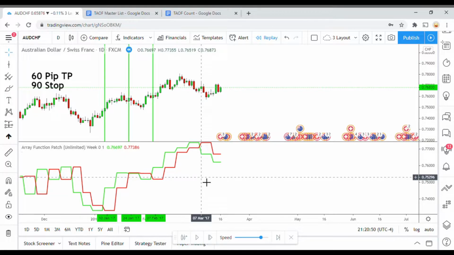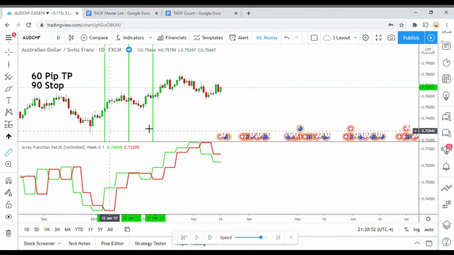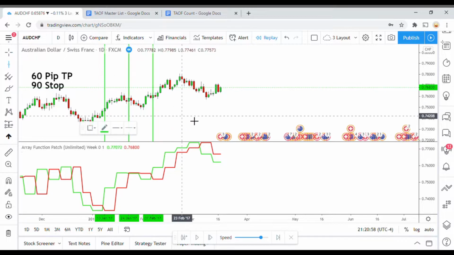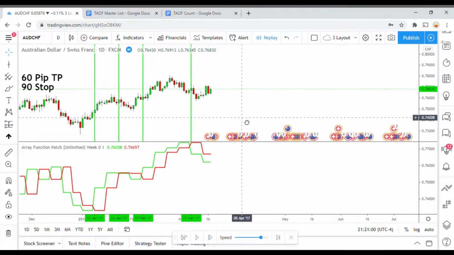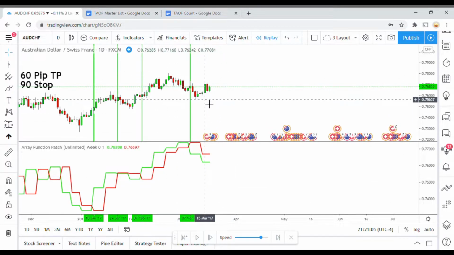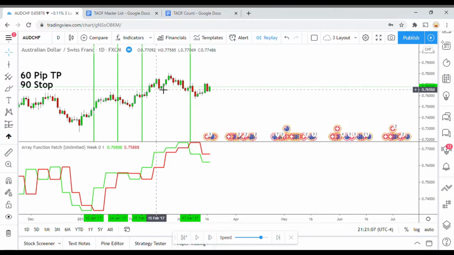Let's see here. We picked up a short right there on that one. And yep, we were able to take profit on that one as well. So far, so good.